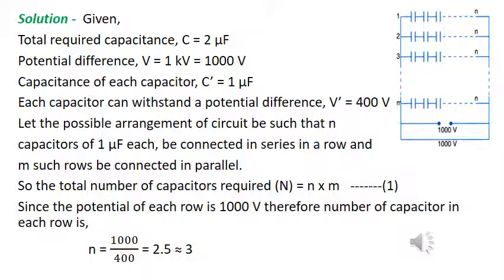It will come to 2.5, and since the number cannot be taken as a fraction, we will consider it as 3. So there are 3 capacitors in each row. Now we will find out how many rows are in the circuit.